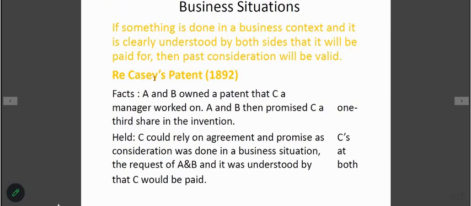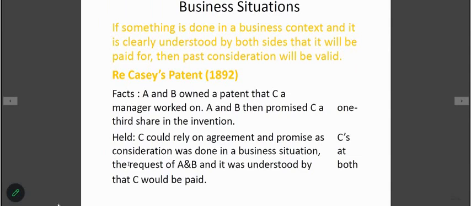So the case of a patent, right? A and B own a patent that C, a manager, worked on. A and B promised C, a third party in the invention, a third share in the invention. C could rely on the agreement and promise, as the consideration was done in a business situation.